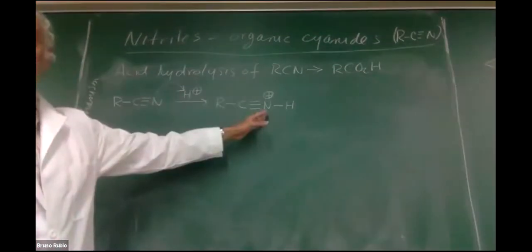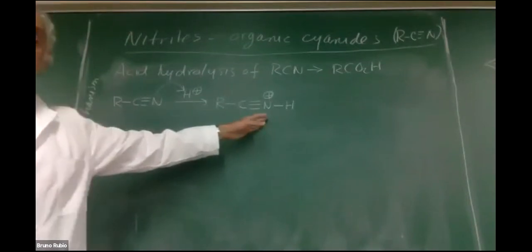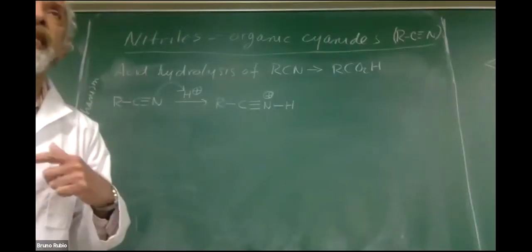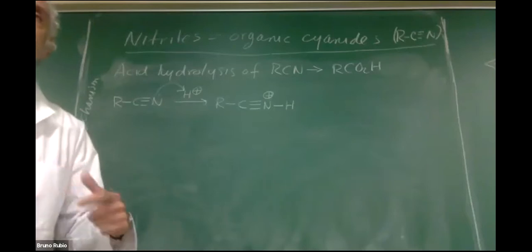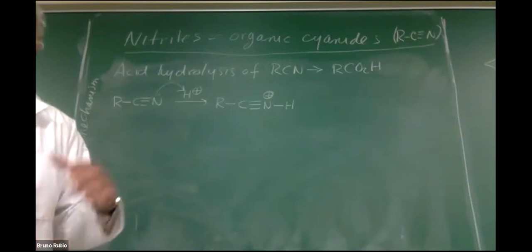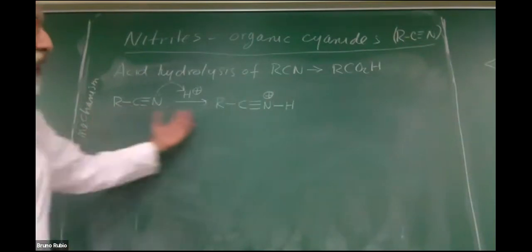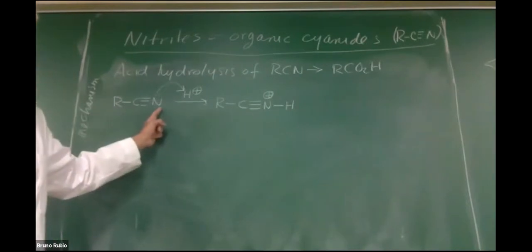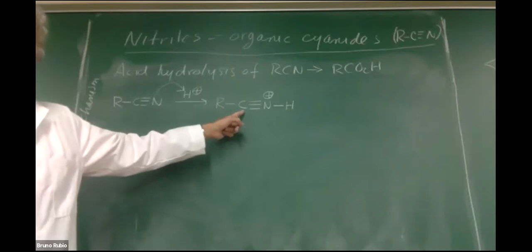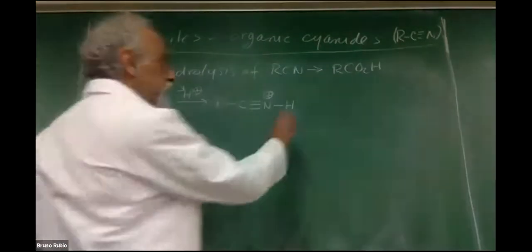Nitrogen, because of its high electronegativity, is the very same. So go back to mechanisms dealing with aldehydes, ketones, esters and all of that under acidic conditions. What was the first step? Protonate the carbonyl oxygen. What was the second step? Attack the carbonyl carbon with a nucleophile. What is it going to be here? Protonate the nitrile nitrogen and then attack the nitrile carbon with the nucleophile. The nucleophile in hydrolysis is water.